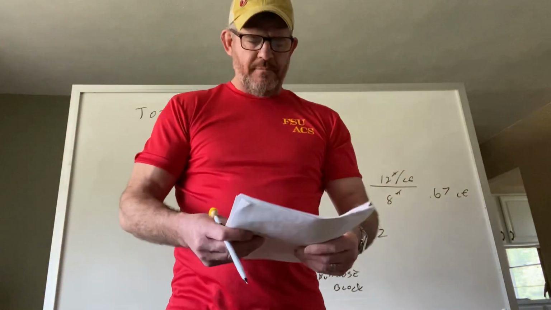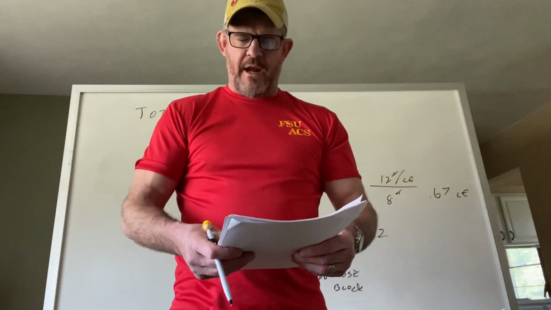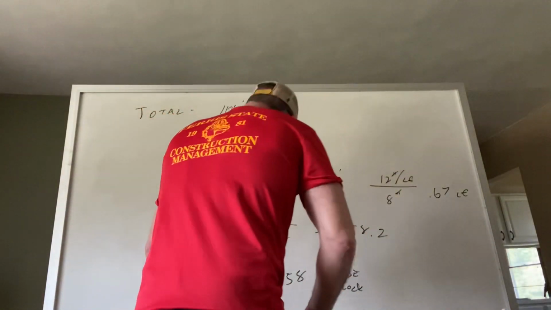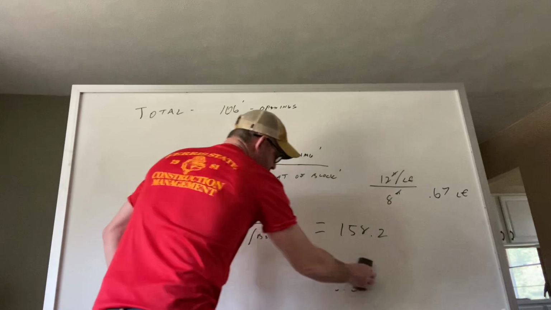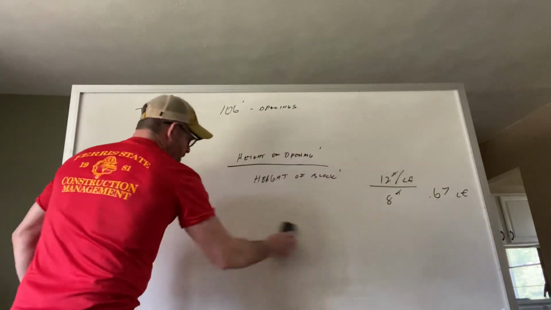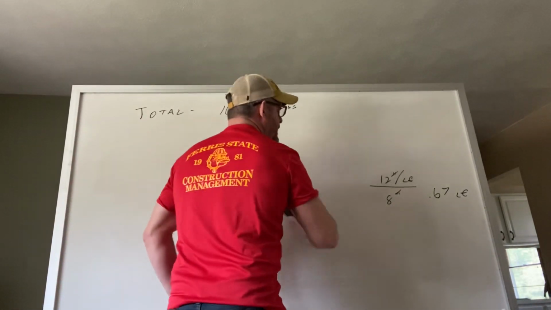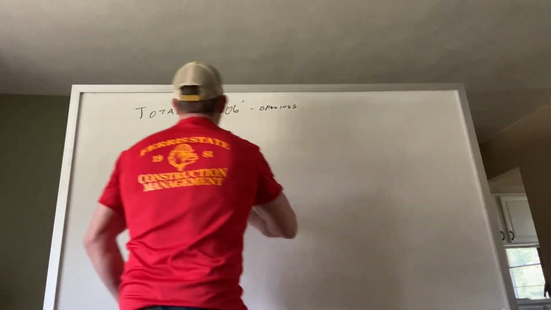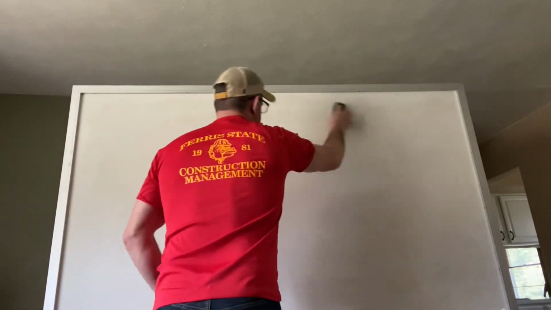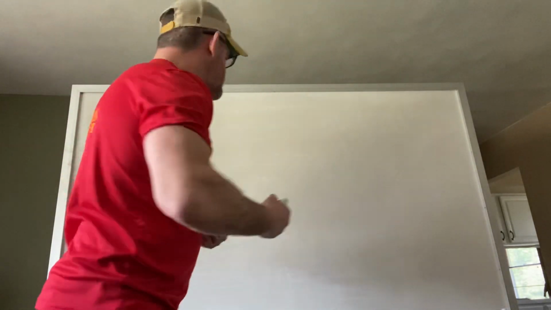Now we see that our next one is our 8-inch lintel block. Now what was a lintel? We already talked about that in class. Everybody should remember that a lintel is a piece of material that carries weight over an opening in a masonry situation.